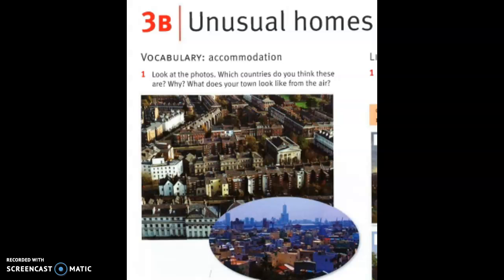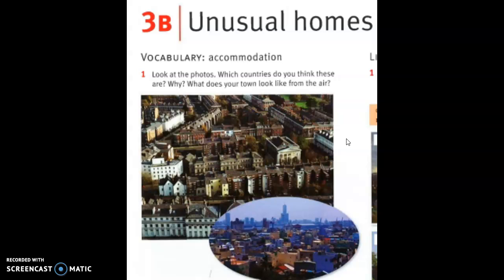So the lead-in in the book asks the students to look at two photos and to say which countries they think they are and why. And then it says, what does your town look like from the air? Yeah, bit of a strange question, I feel, but you could ask them some other questions about their town or the type of home they live in their own country compared to the type of home they live in here.